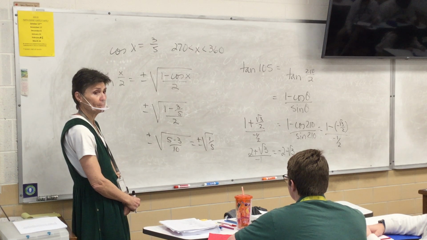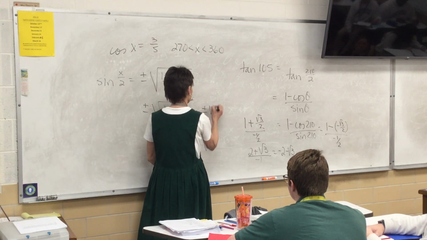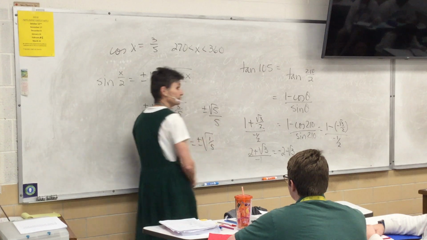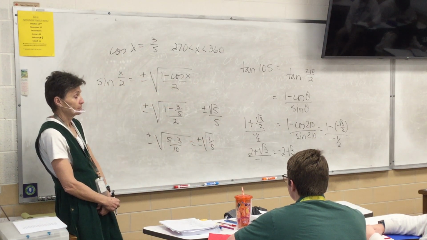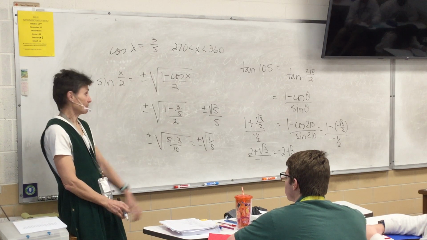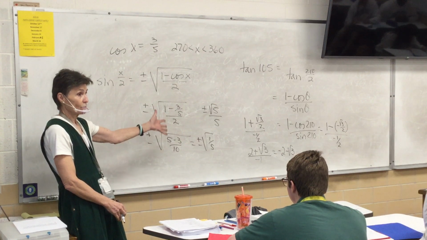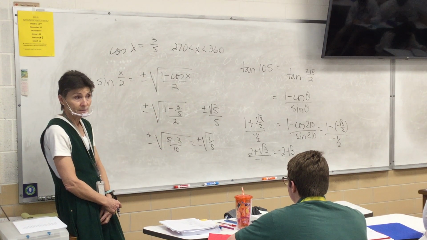And the square root of 1/5, if I rationalize, would be root 5 over 5. So now the only thing left, everybody okay with the arithmetic? The only thing left now is to decide if we want the positive root or the negative root.